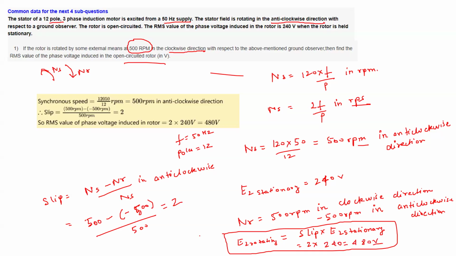Is this question clear? You just have to see the clockwise and anti-clockwise very carefully. If you just think, okay, this is 500 RPM, and take it as 0, then your answer will be wrong. You have to very carefully notice whether any direction is mentioned.